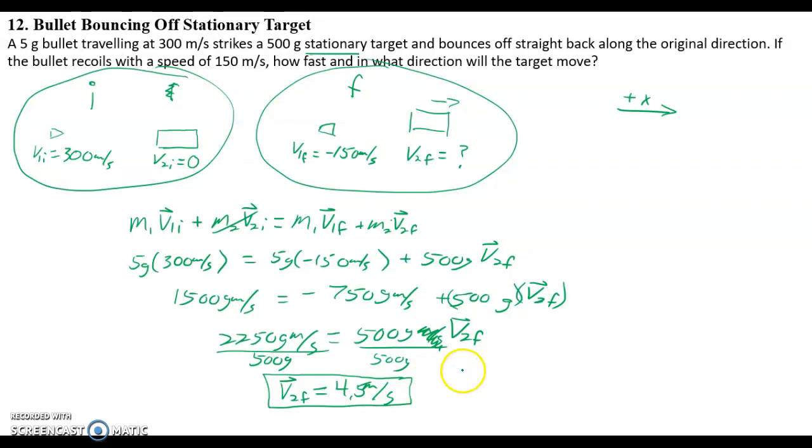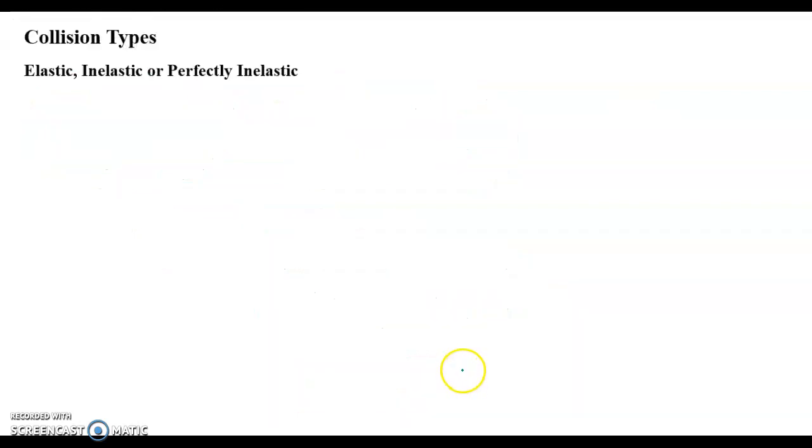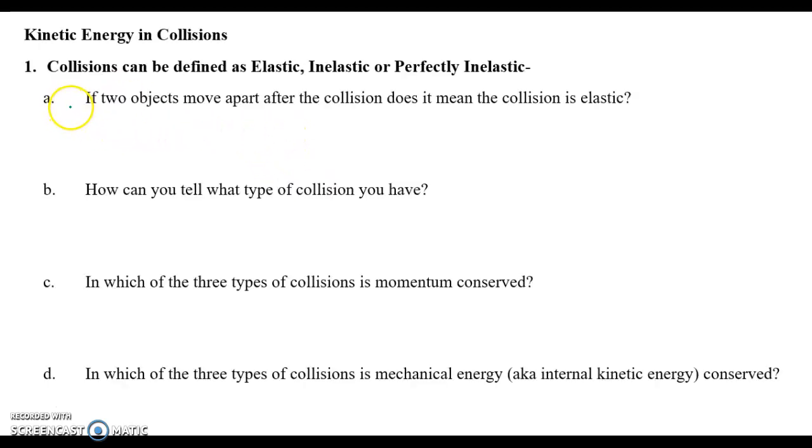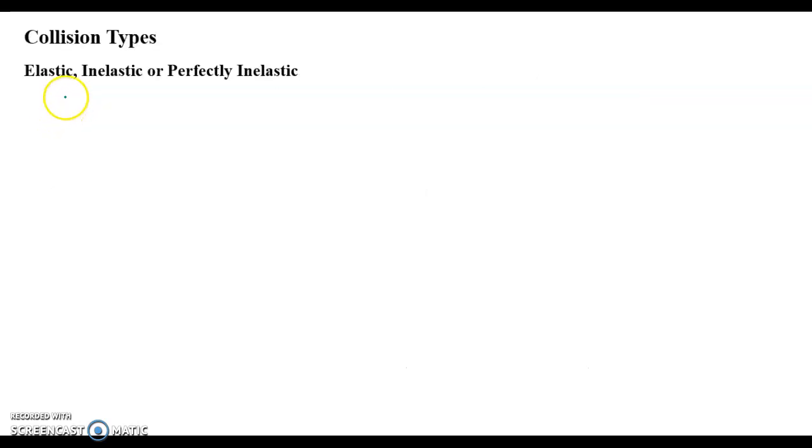All right, now we move on to collision types. You can read about those in the textbook, and I just want to point out a few things. So I have the full slide.